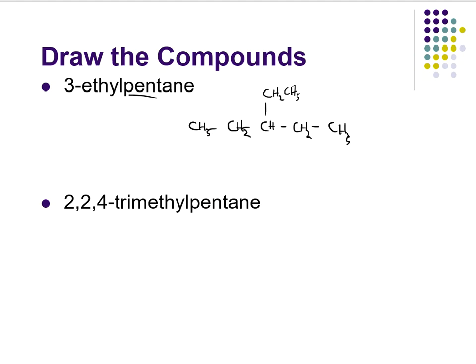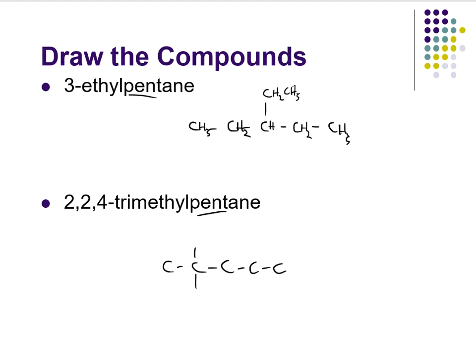Next one. 2,2,4-trimethylpentane. Pent, again, means 5. 1, 2, 3, 4, and 5. All right, so on carbon number 2, so that could be that one, right, if I number from left to right. And on carbon number 2, well, if I draw one up, I'm going to draw one down just to get them far apart. They don't squish up my structure.